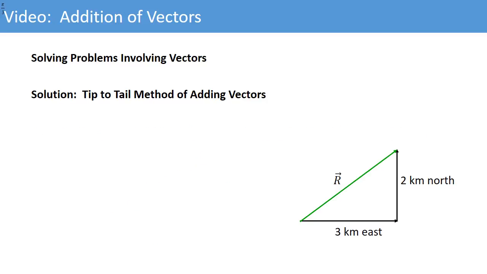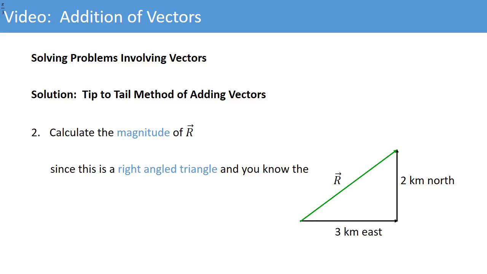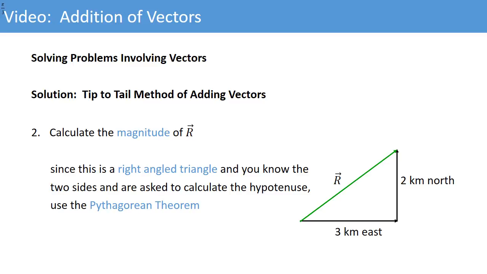To solve this, we know that it's a right angle triangle because we went from east to north. So we have the two sides. We can calculate vector r using the Pythagorean theorem. Hypotenuse squared is equal to side 1 squared plus side 2 squared.